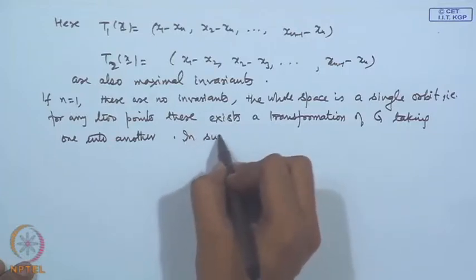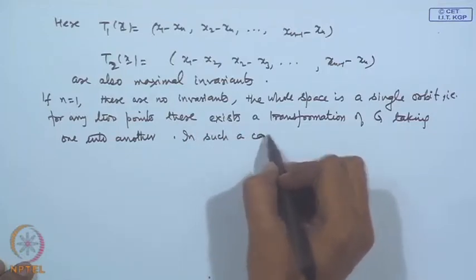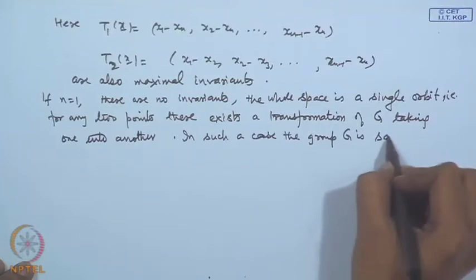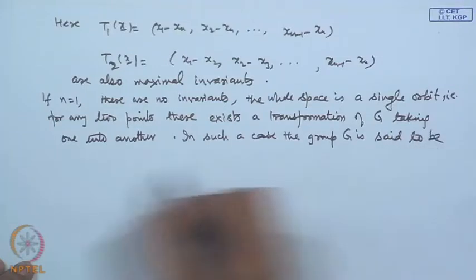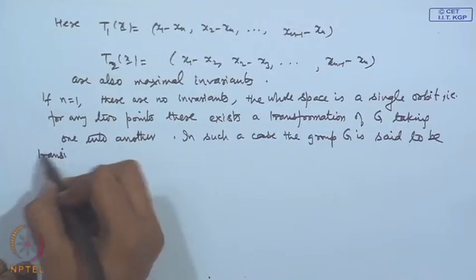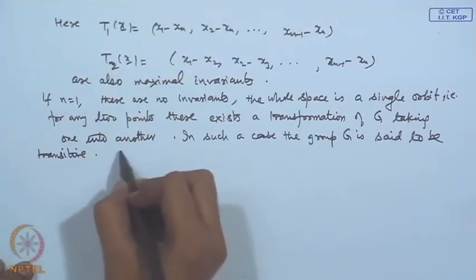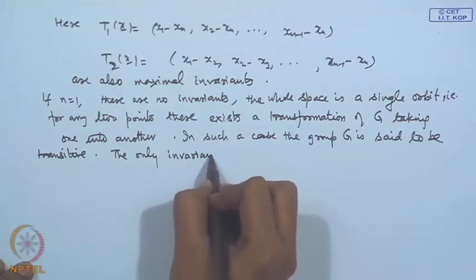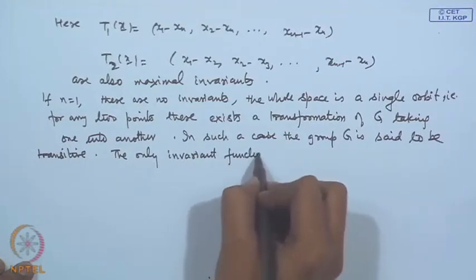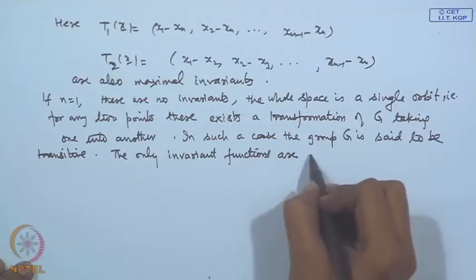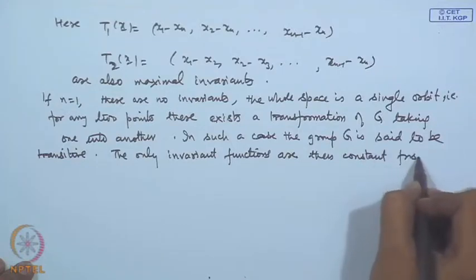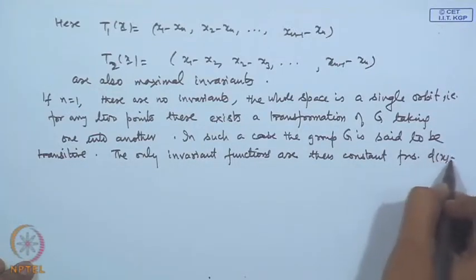In such a case, the group G is said to be a transitive group. The only invariant functions are then constant functions, that is phi(x) = c.